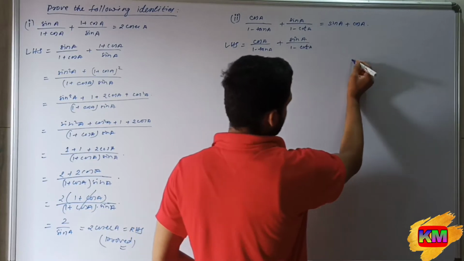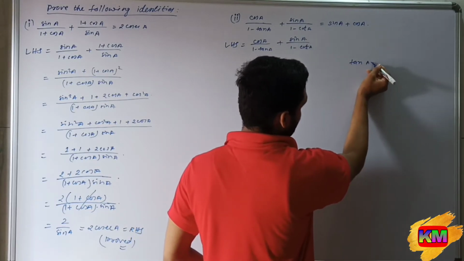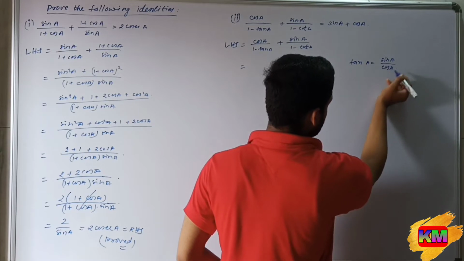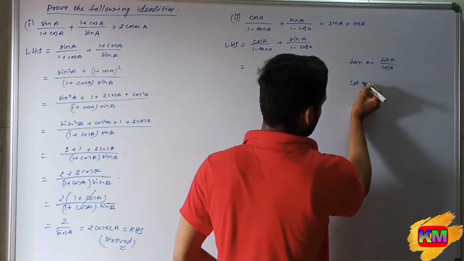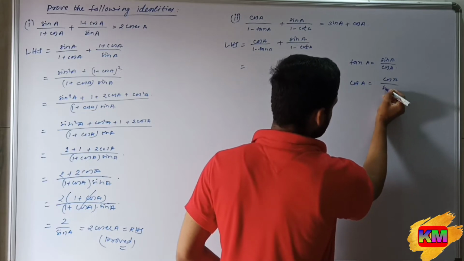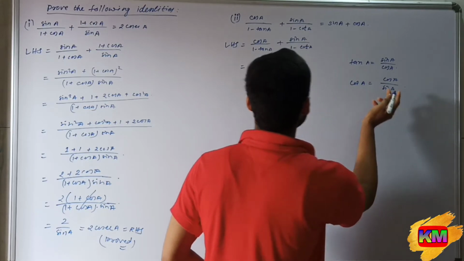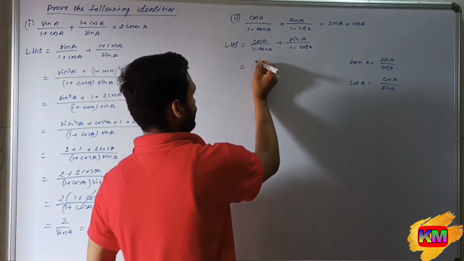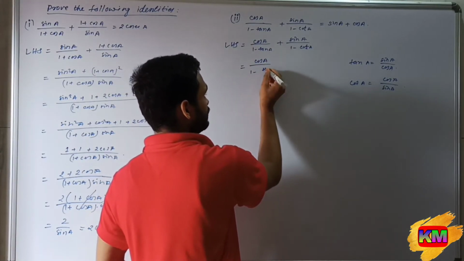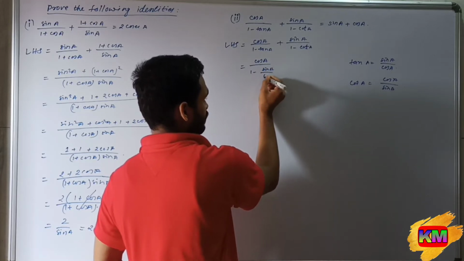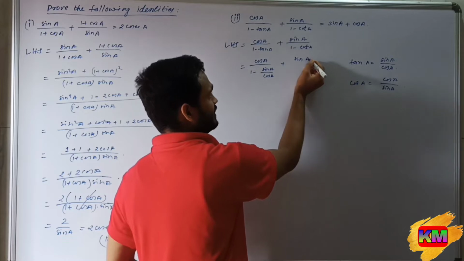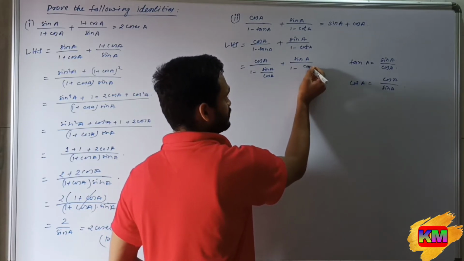So we know that tan A equals sin A by cos A and cot A equals cos A divided by sin A. So we will use this here. Then we will get cos A divided by 1 minus sin A upon cos A, plus sin A divided by 1 minus cos A upon sin A.